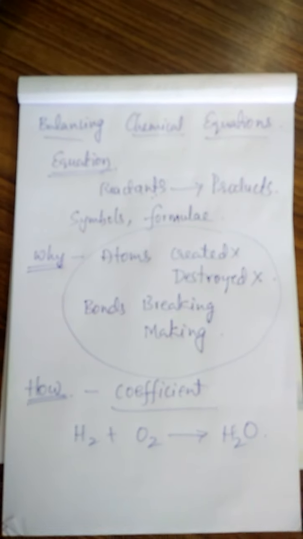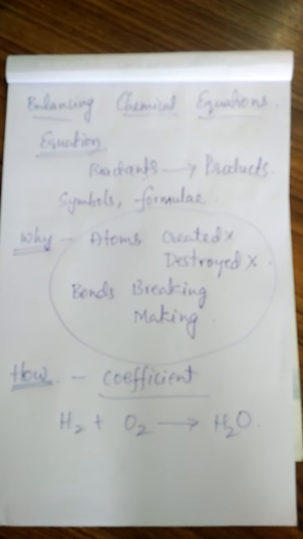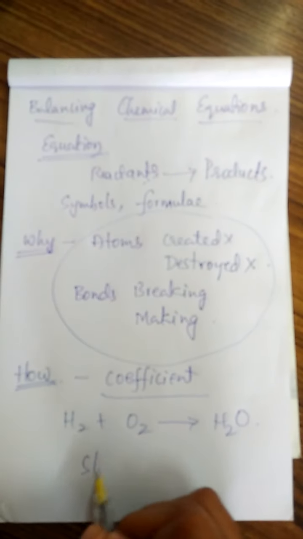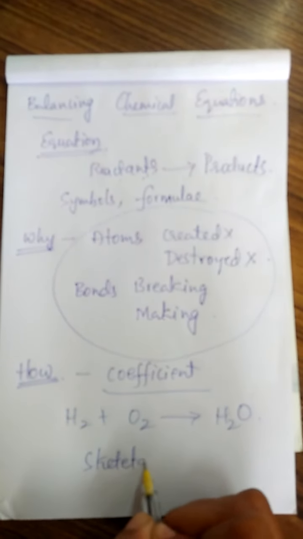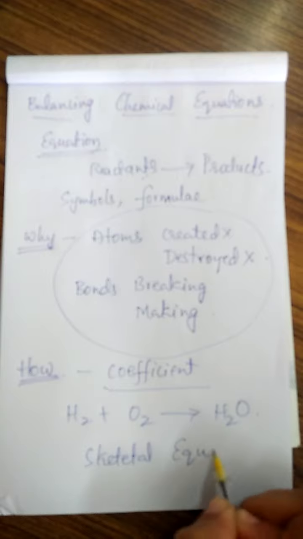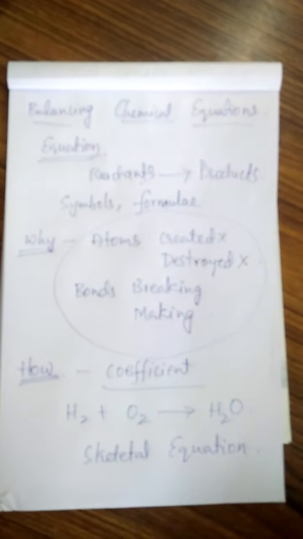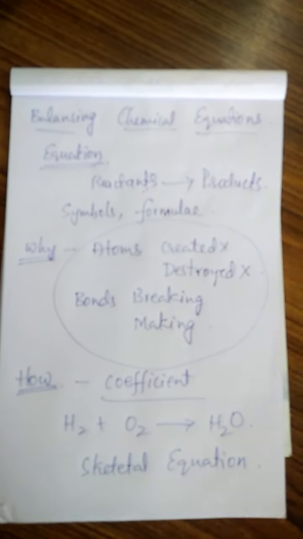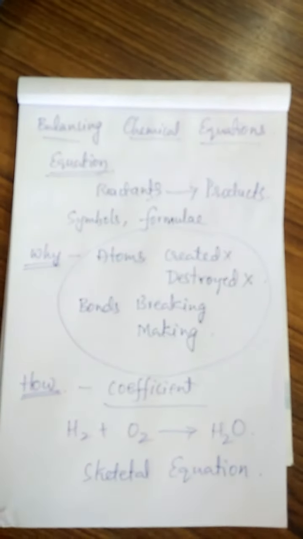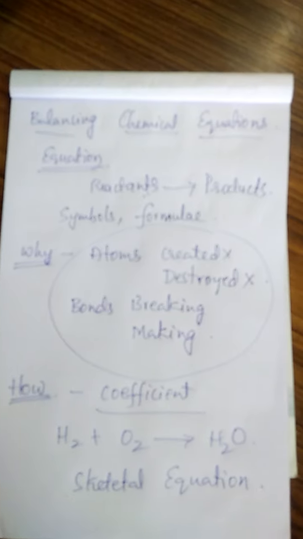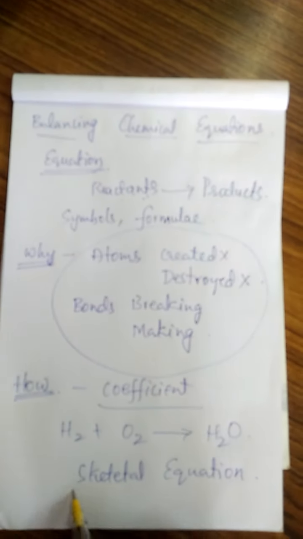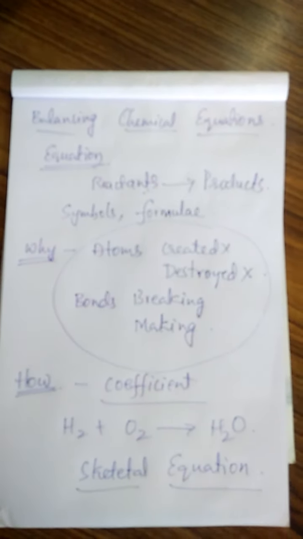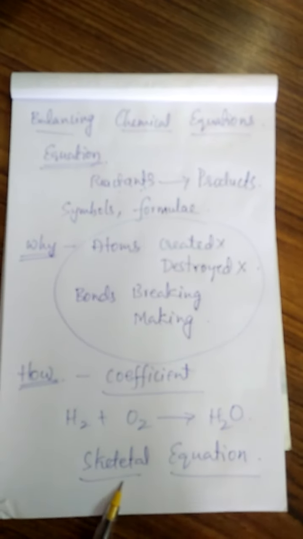Without balancing, the equation is called unbalanced, or we have another name, a skeletal equation. It is like the skeleton of our body. Without muscles, blood and all these things, only bones are there, and we call that a skeleton, no? Same like that, any chemical equation without balancing we call a skeletal equation.